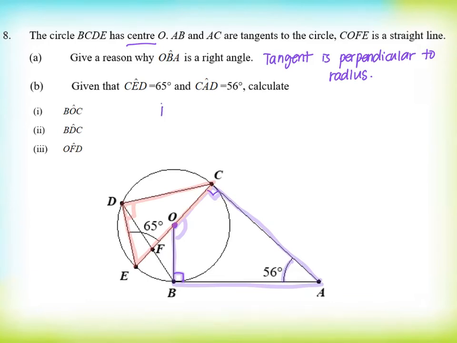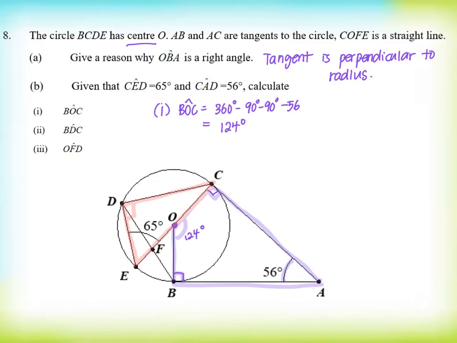Well, angle BOC, we can use the angle sum of a quadrilateral. 360 degrees minus 90, minus 90, minus 56. Then that will give us the answer 124 degrees. Next up, find angle BDC. Where is this angle BDC?